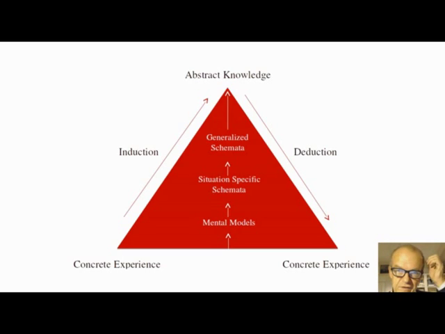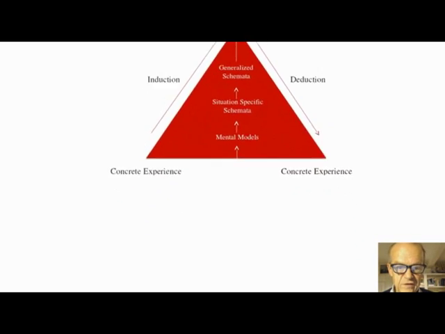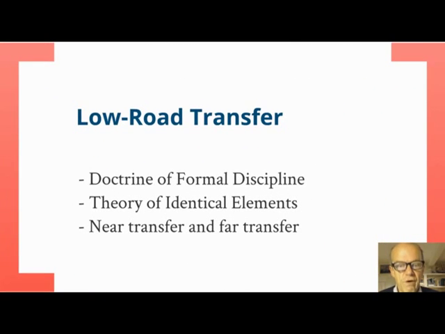Okay, so that's an example of developing a strategy which helps you to apply what you've learned in one situation to other situations. Okay, we are now going to discuss in more detail the 2 types of transfer. First, low road transfer. Back in the 19th century, teachers thought that teaching subjects like Latin and logic and mathematics helped children and students to think in a more rational, in a more sound way, in all kinds of application situations.